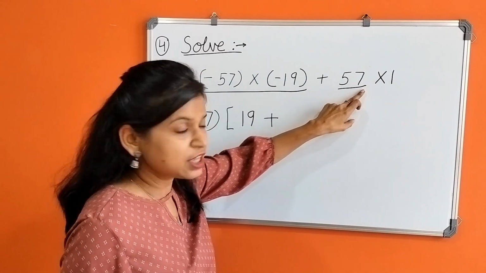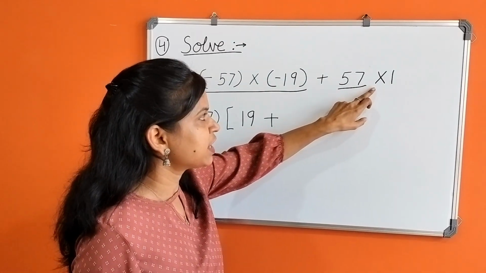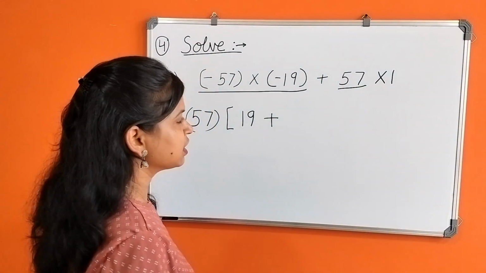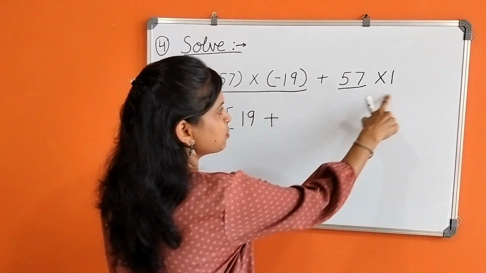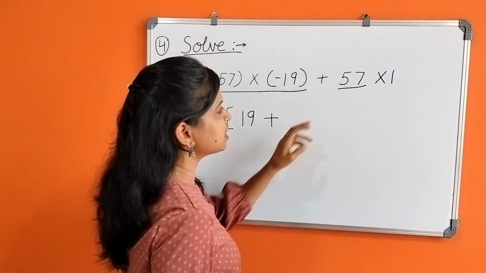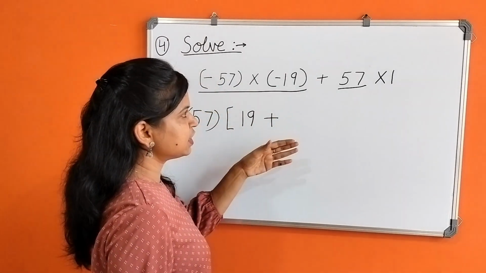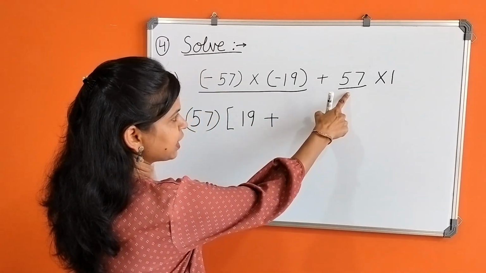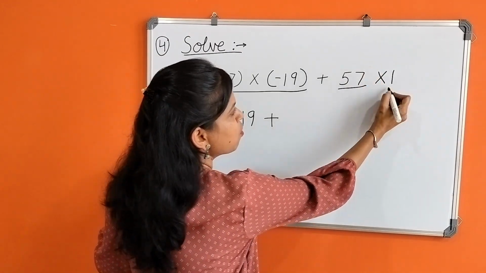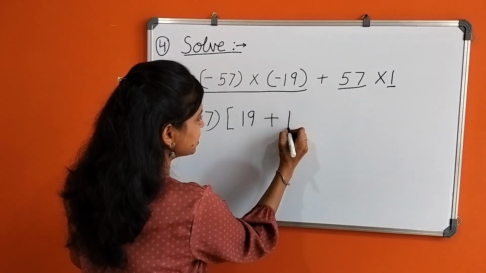It is not written in the question, but we can assume that 1 is multiplied with 57. Answer will be same 57 if we multiplied with 1. Okay. But it is easy to understand that whenever we take out 57, what will be remaining here? 1. So 1 is here.